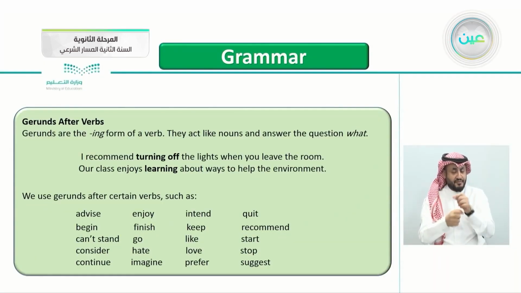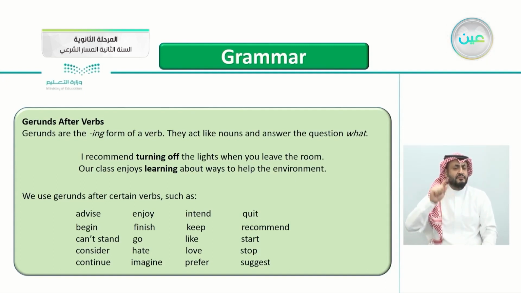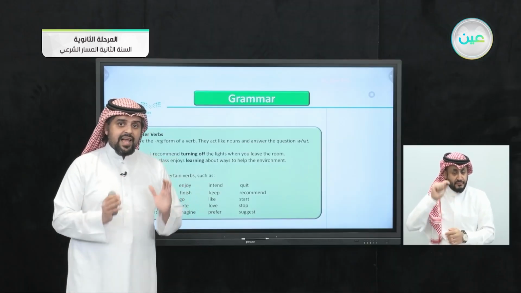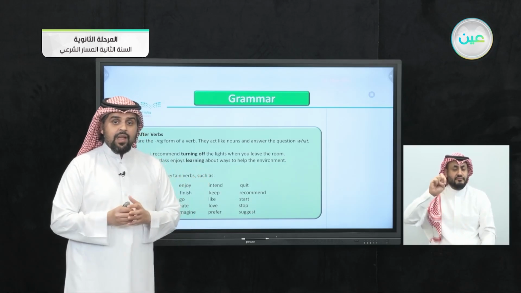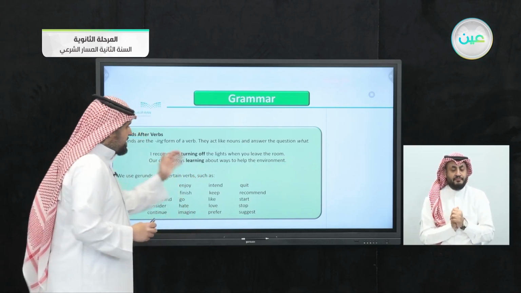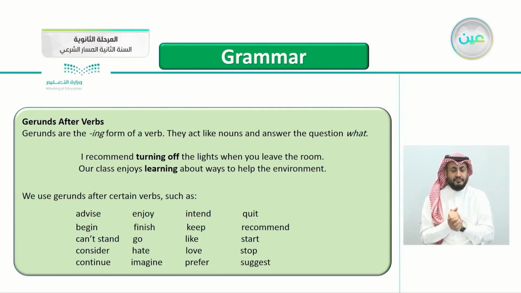So, gerunds after verbs. Gerunds are the ing form of a verb. They act like nouns and answer the question what. Let's see some examples here. I recommend turning off the lights when you leave the room.